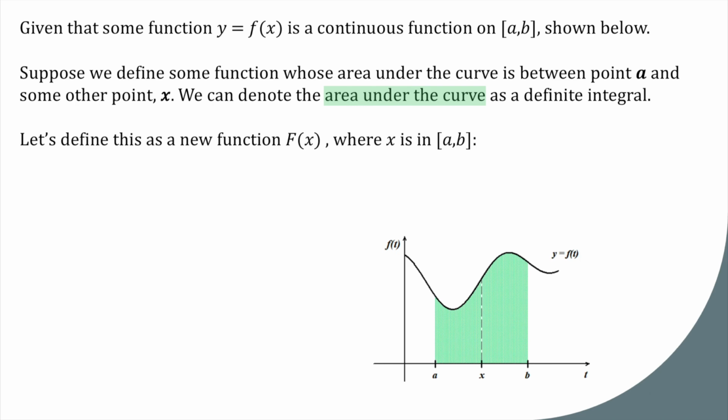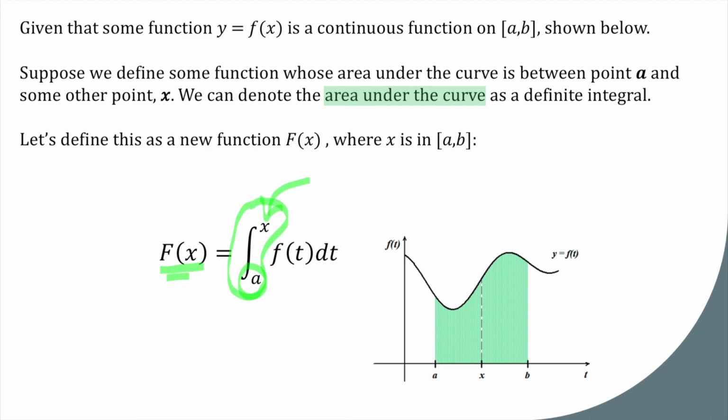And we'll define this as a new function, capital F of x, where x is somewhere between a and b. And this is what that looks like. So we have capital F of x equals, and you could think about this as saying the area under the curve between a and x under the curve of little f of t.